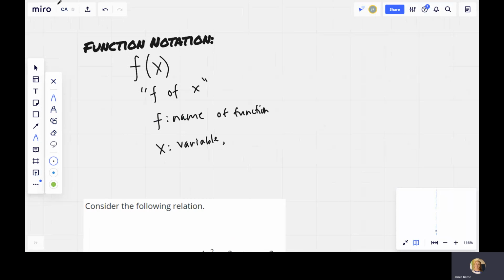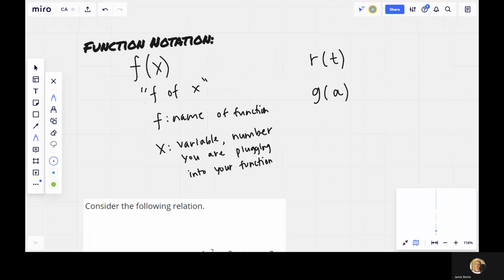So it's the variable, it's the number you are plugging into your function. So traditionally we use the notation f of x, but you could see any combination of letters. Maybe you could see like r of t, g of, I don't know, a. So any combination of letters could be used for function notation.